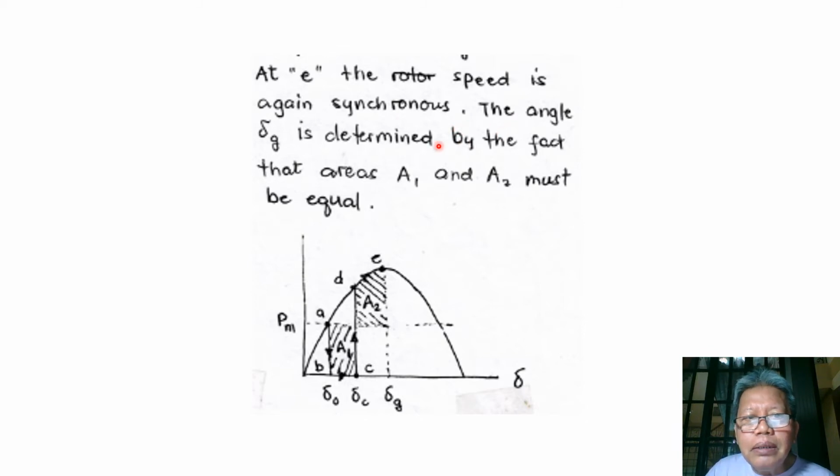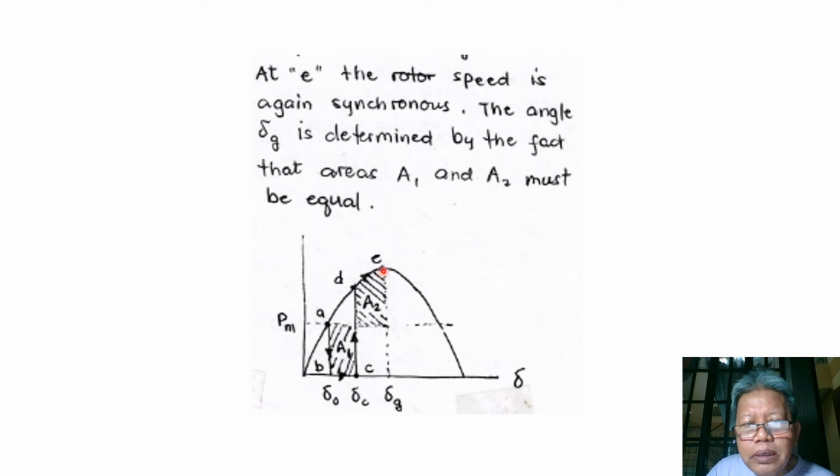The angle delta G is determined by the fact that area 1 and area 2 must be equal.